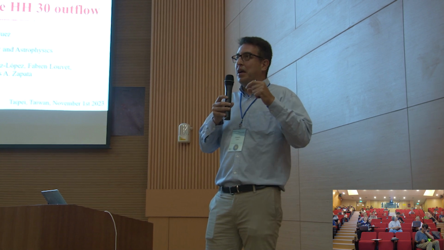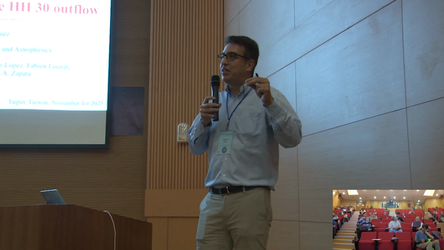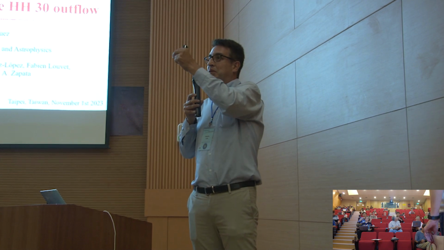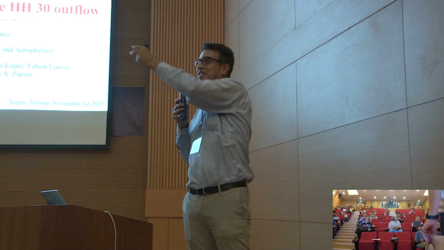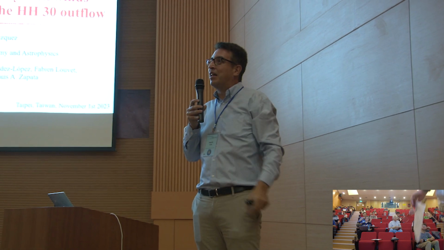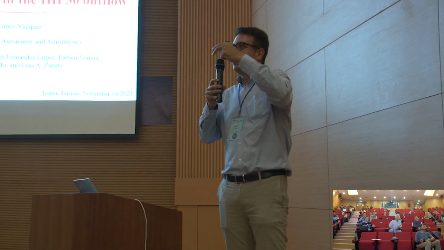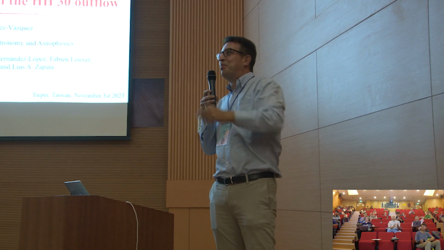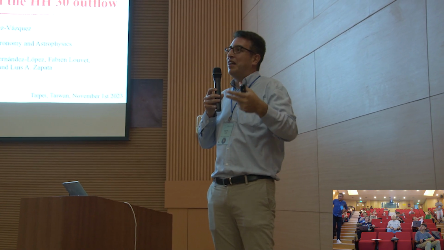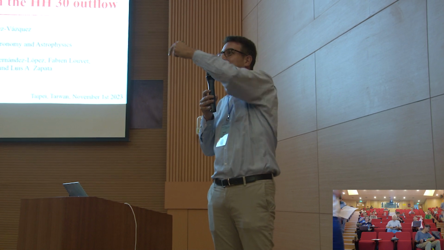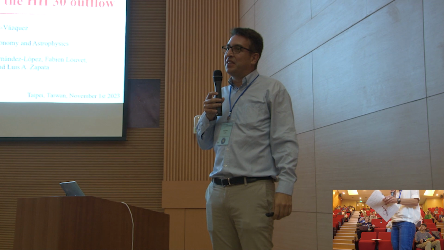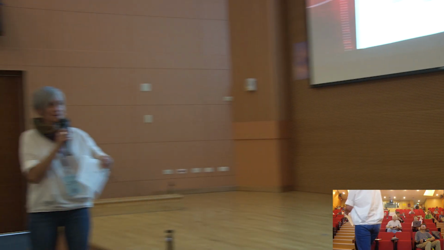If you have some kind of bullet that is really traveling in the cloud, this bullet is breaking up because it's shocking with the gas, and then parts of this bullet are left in different positions, and maybe are creating different filaments in different positions. That is the idea. I think you can keep discussing at the coffee break.